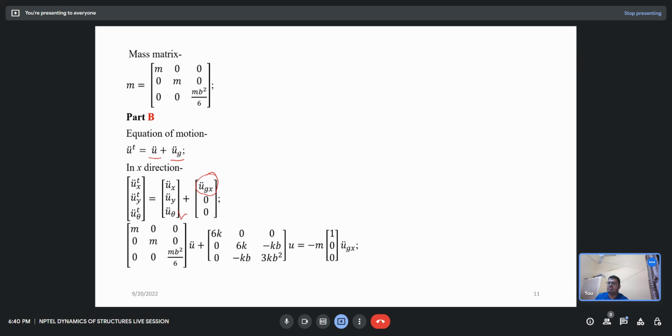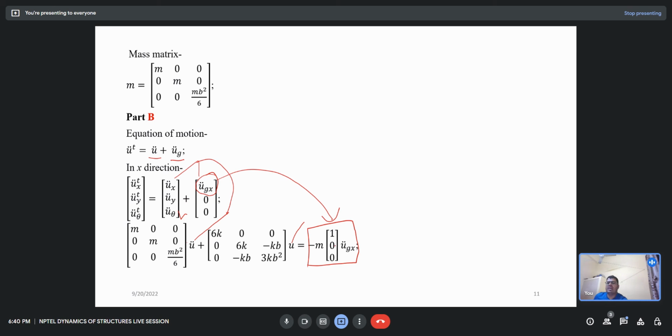The acceleration is always taken as total and the displacement is relative. So if I replace u double dot with these two terms, one remains here and the other term goes to the other side, negative.